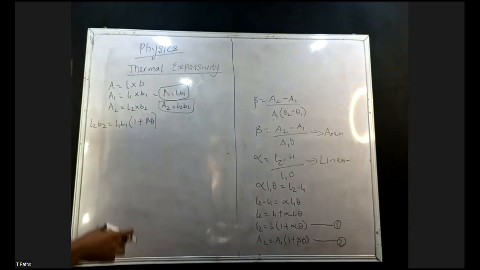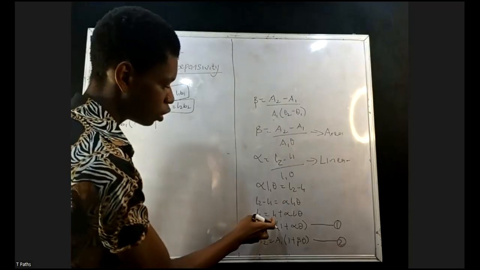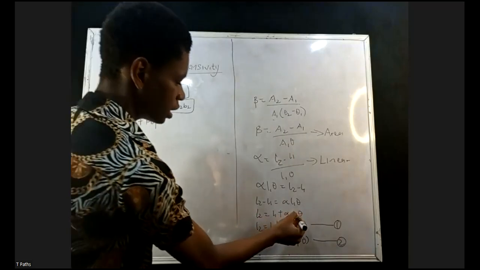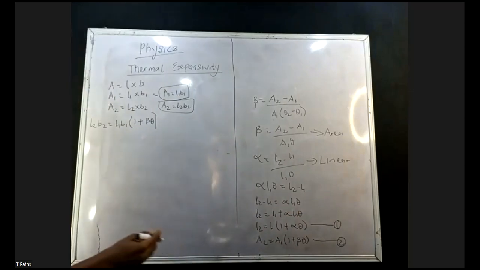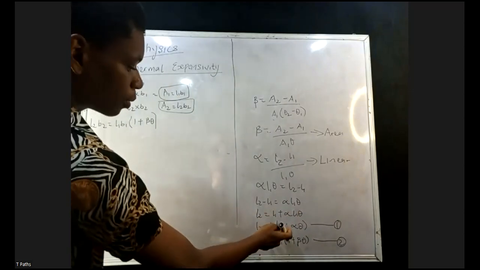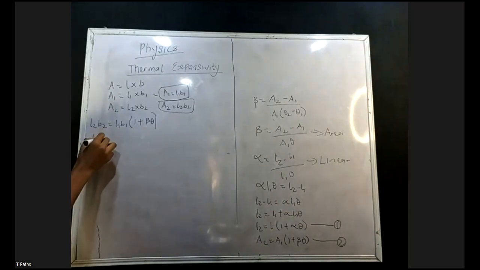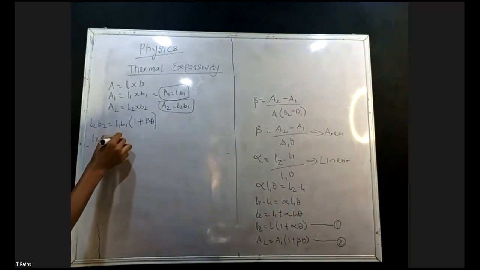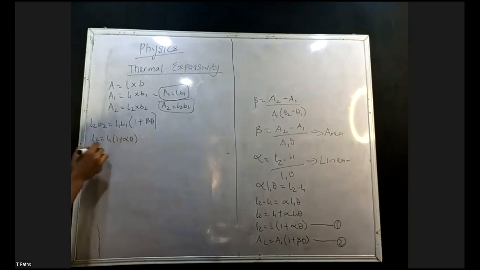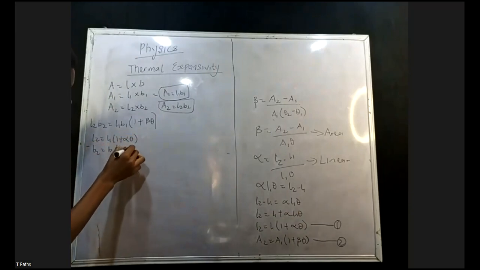Now, don't forget, when we come back to this place, we said L2 is equal to L1 open bracket 1 plus alpha theta. Then B2 will also be equal to B1 open bracket 1 plus alpha theta.